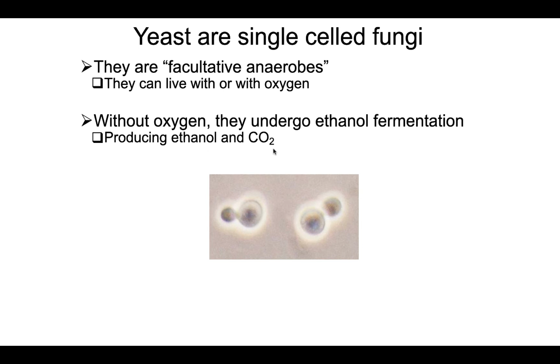So that's why we use yeast to make beer. There's the ethanol. That's why we use yeast to leaven bread, from the CO2. So that yeast fermentation is important, not only for the life of the little yeast cells here, but also for some yummy stuff for you and I.